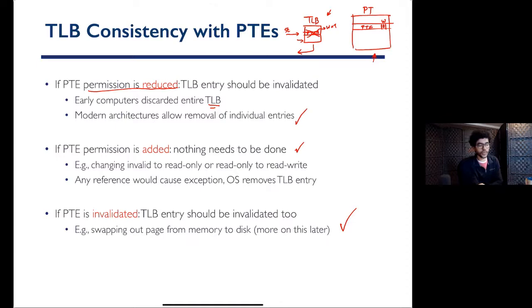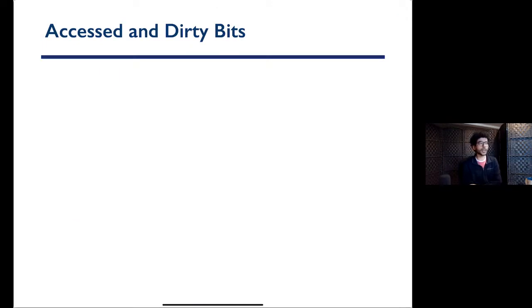So in that case, the operating system is going to come and set this valid bit to 0. It's going to say, OK, this is no longer valid. What should happen to the corresponding TLB entry? Very similar to reduction of permission, we also have to get rid of that TLB entry.